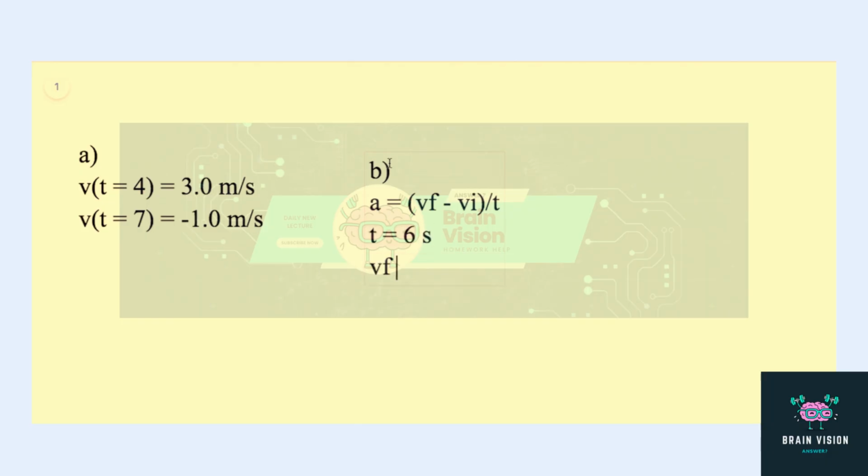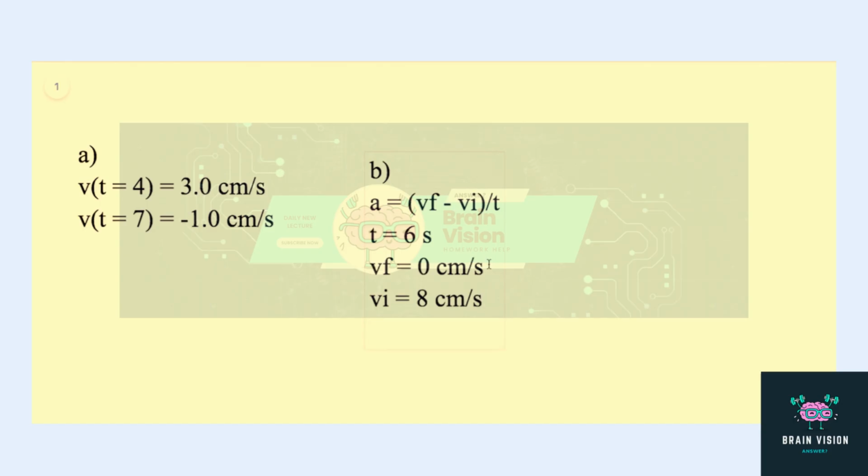And let's call our final velocity 0. Oh, and it looks like these are in centimeters per second. I didn't notice that, so let me change. And then the initial velocity is going to be equal to 8 centimeters per second.